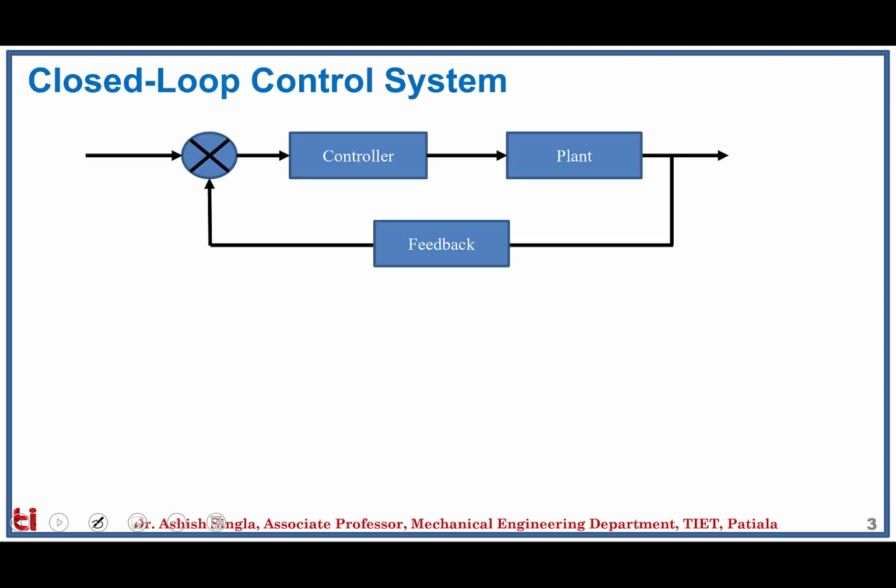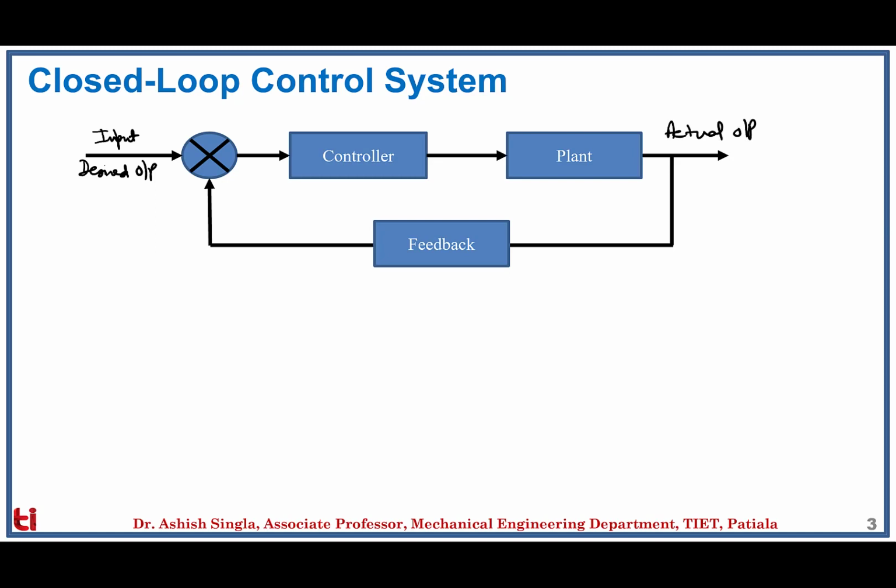So let's revisit the closed loop control system where we have a plant. To this plant we'll give the input, which is also called the desired output, and the output from the plant is called the actual output.